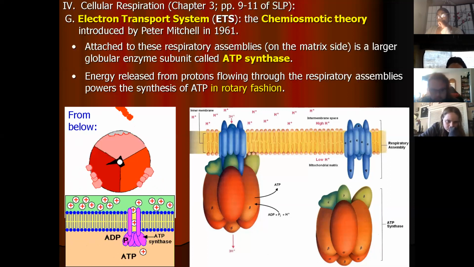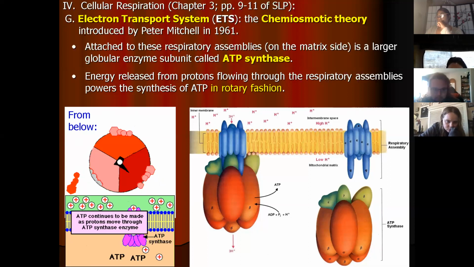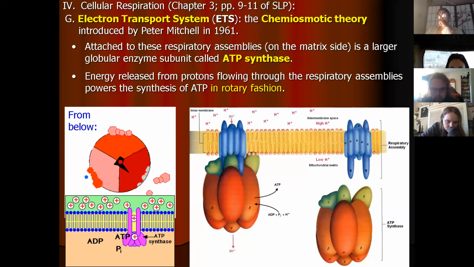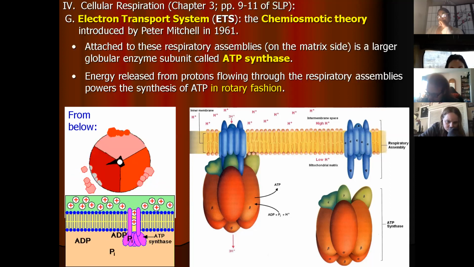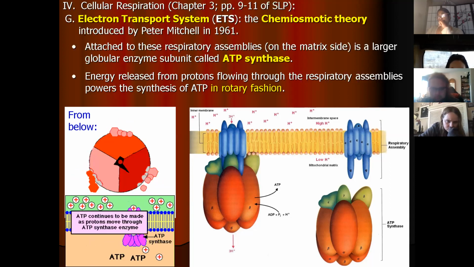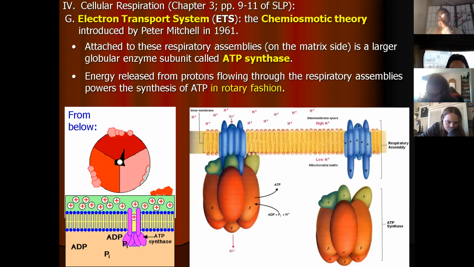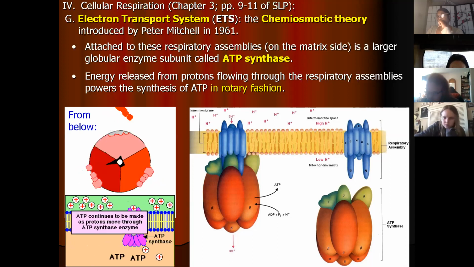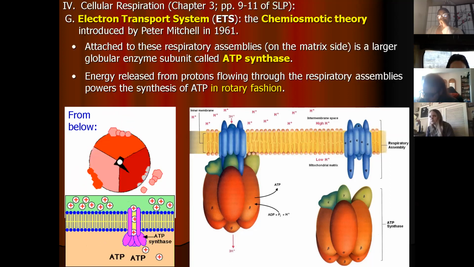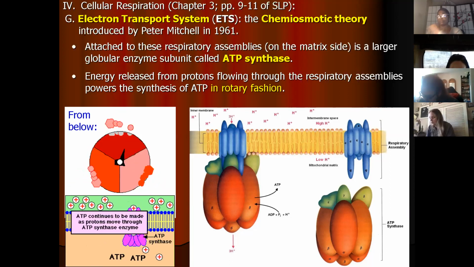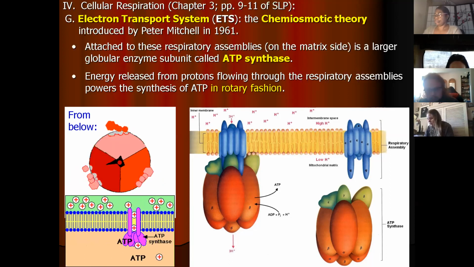ATP synthase is so energy efficient, and this has to do with the laws of thermodynamics. With every energy transformation, some energy is lost. There's no such thing as a 100% efficient energy transformation. This one's really high.